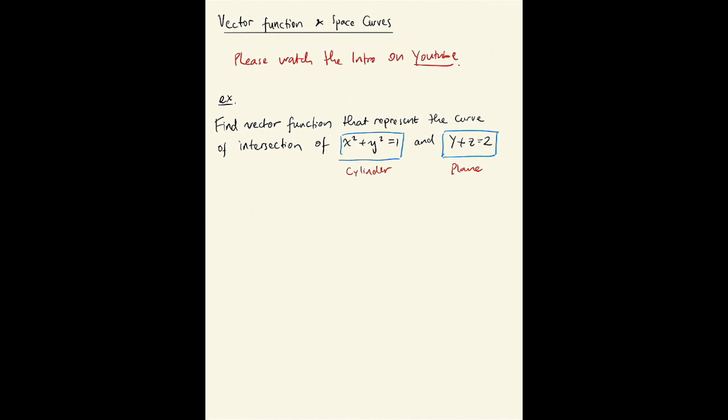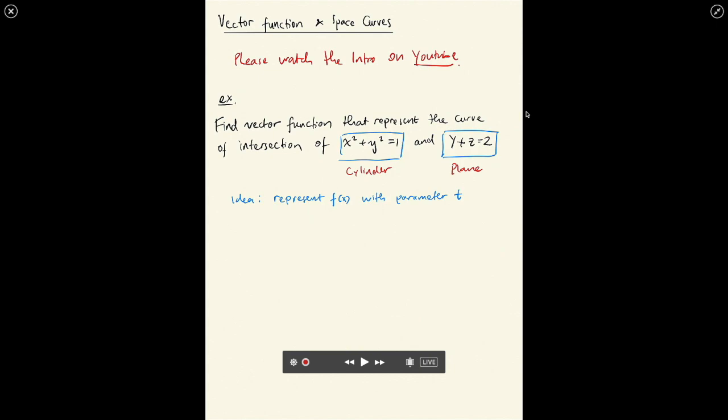So how to find a vector function that represents these two intersections? We need to find a parameter t to represent these two functions.